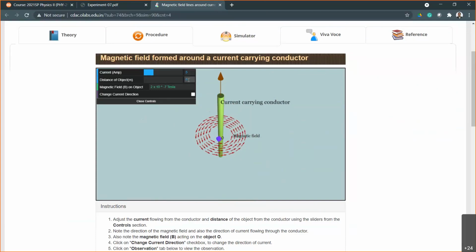If they went like 5 millimeters, then this number, 10 to the negative 7, automatically increases by 3 orders of magnitude. So our Tesla value is going to be on the order of 10 to the negative 4. That's a practically measurable number. Okay.